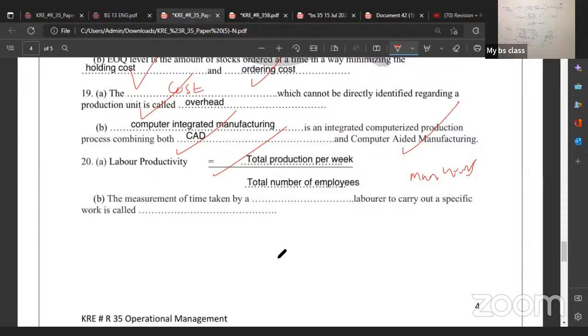The measurement of time taken by a labor can have a specific word.